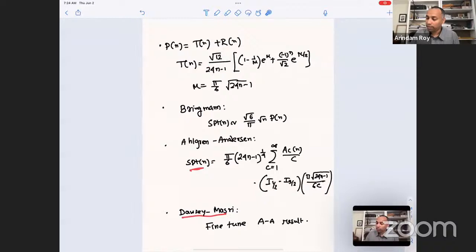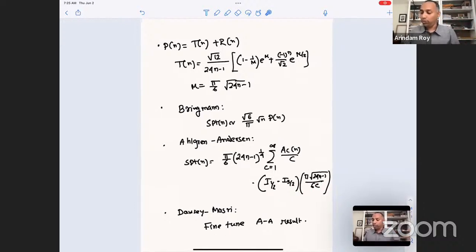So Dawsey and Masri managed to fine tune their result, and they got another asymptotic, the same asymptotic with better error terms, and they got the log concavity for the SPTN, which means hyperbolicity of degree 2.